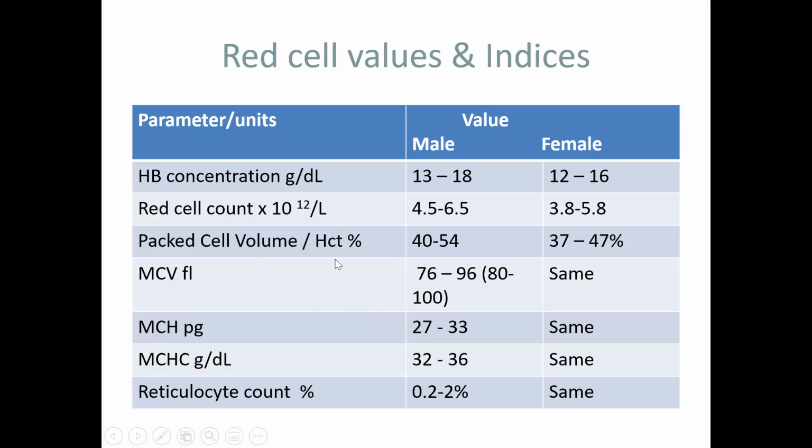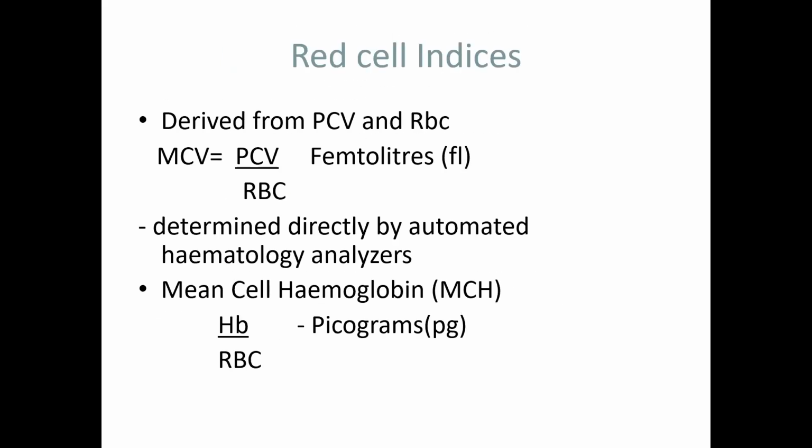Now your mean corpuscular hemoglobin, we can actually calculate it, and when you come to your class practicals, you will be given the formulas to calculate this. It shows how much hemoglobin is contained in each cell.